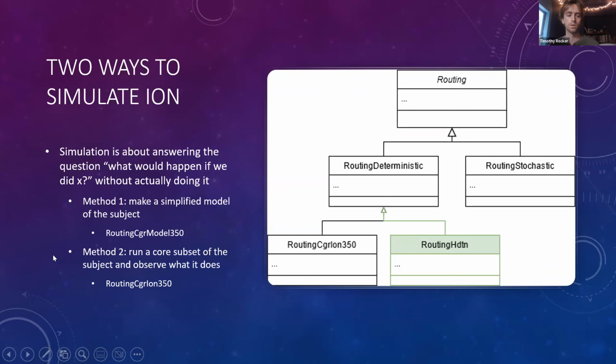The other approach is to run a core subset of the subject and observe what it does, exemplified in routing CGR ION 350, which is a routing model also included in DTN Sim. So the idea here is, if you want to know what ION would do, why don't you just run ION and say, hey, ION, what did you do with those bundles?